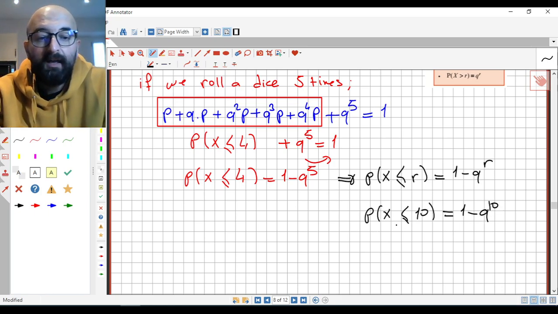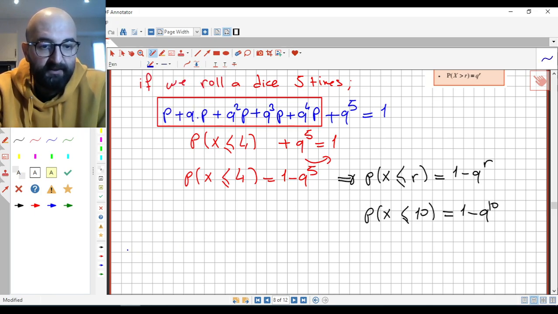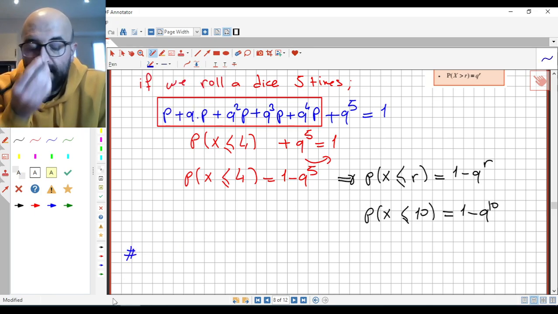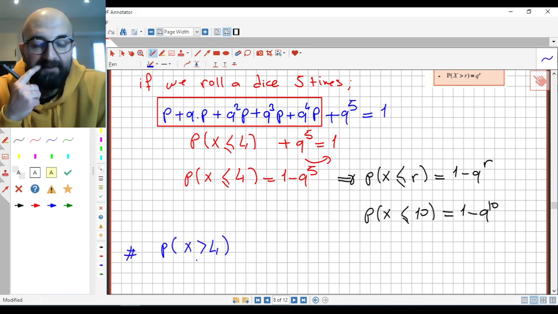Okay, and I want you to think on another thing. For example, if you want to find the probability of x greater than 4, it means maybe you can get success in the fifth trial.